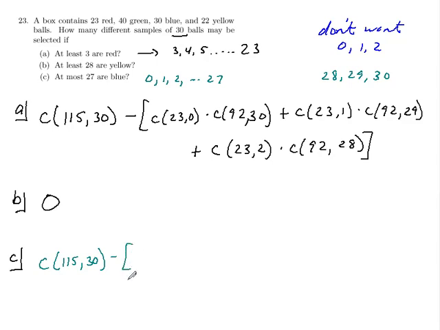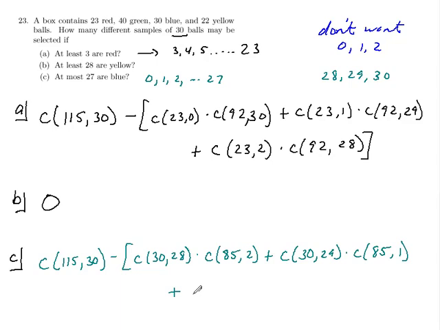Now I don't want 28 blue, so of the 30 blue, pick 28. Of the remaining, well, count the things that are not blue, there are 85 of those. Pick 2. That's 28 blue, now we do 29. And then we do 30 blue.